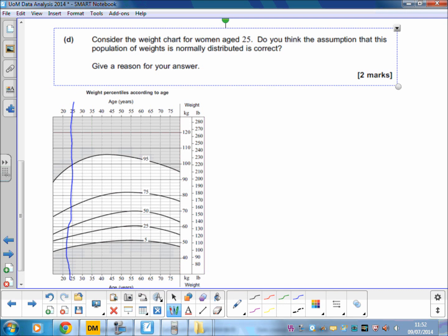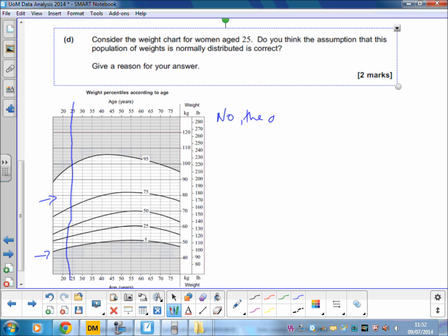Now, if you look at women aged 25, you see there's quite a large gap between the 75th and the 95th percentile, but quite a small gap between the 5th and the 25th percentile. Now for normal distribution, we'd expect everything to be symmetrical, so the answer is no, because the distribution doesn't look symmetrical.